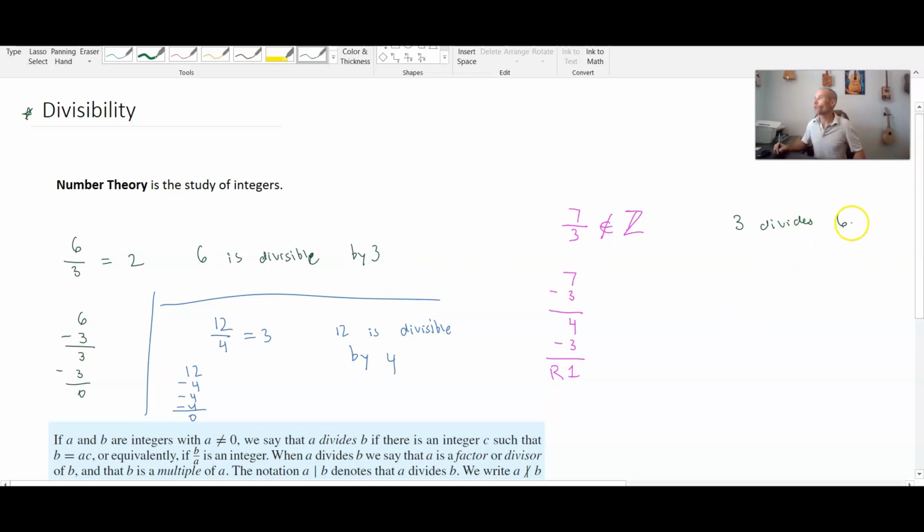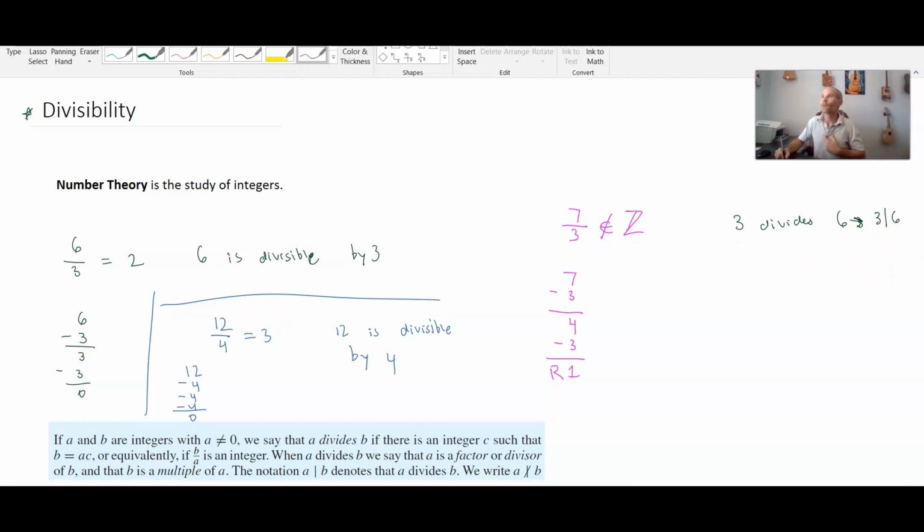The way we often write this is 3 | 6. Now that's a Boolean statement. It is either true or false. In this case, 3 divides 6 is a true statement because, again, 6 is divisible by 3.